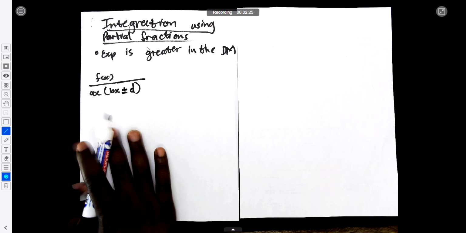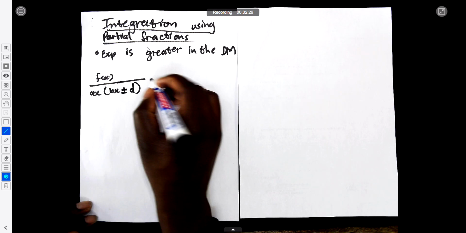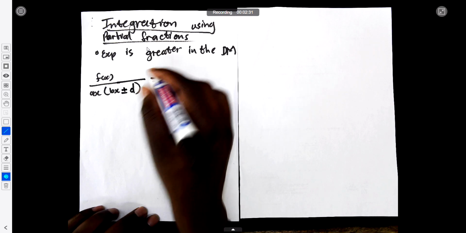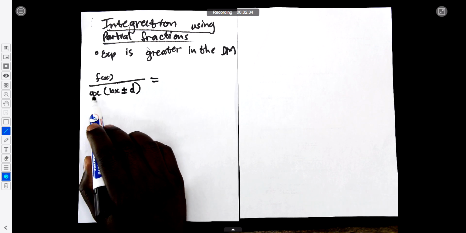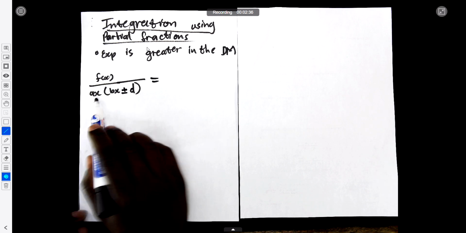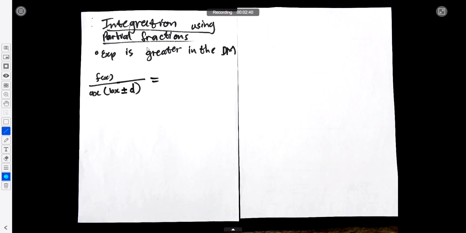If we're supposed to integrate, what we're going to do is dissolve this into partial fractions. Let me start with the part where we must resolve the denominator into factors.